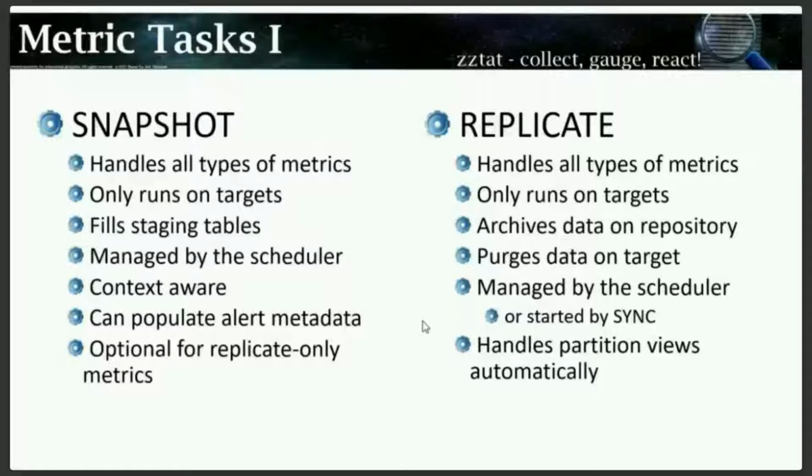So one of the attributes, for example, that you can set on a metric is that you always want to retain a number of snapshots on the target databases, and the replicate process also takes care of that for you. Now, replicate can be started by the Oracle scheduler if it's just a standalone replicate process, or it can also be started by sync, as we have seen with the autosync metric in the example of the session metric.